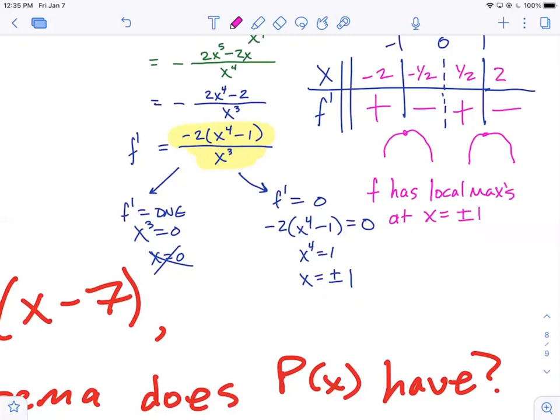You can group them together because they're both maximums, since F prime changes from positive to negative at X equals plus or minus 1. And that's it.